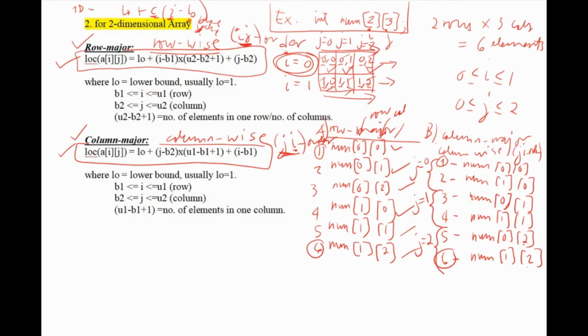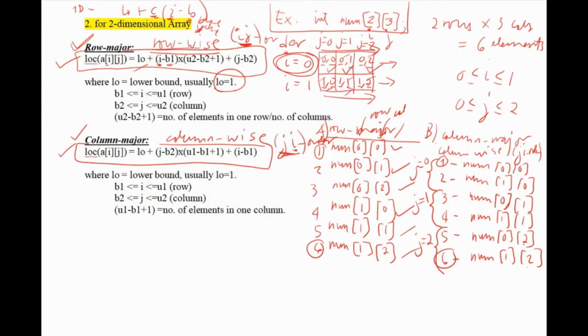So for 2D, since there are now two indices, I and j, the function would be L sub O, which is the same as 1D. L sub O is 1, the lower bound. And since this is row major or row wise, our primary index reference is I, which is the row index. So we say I minus the base of I.